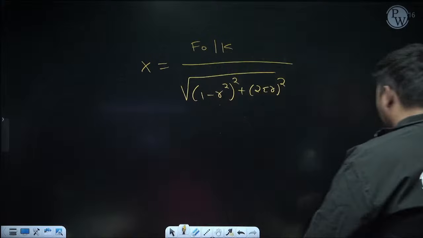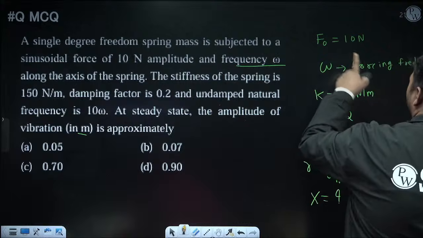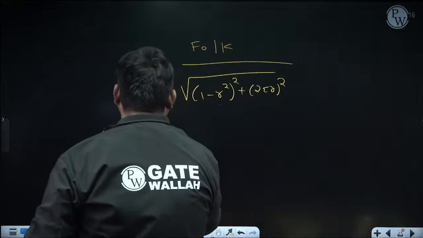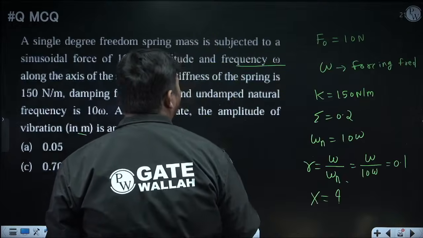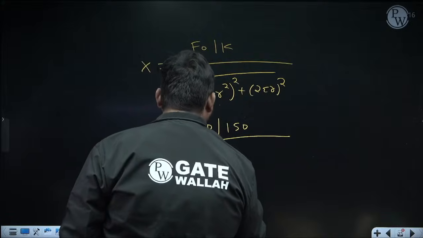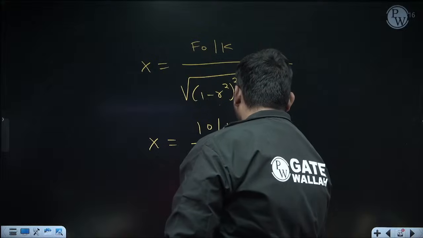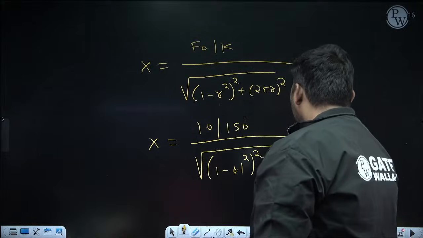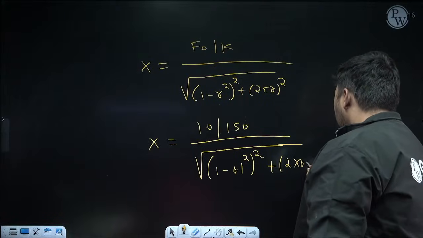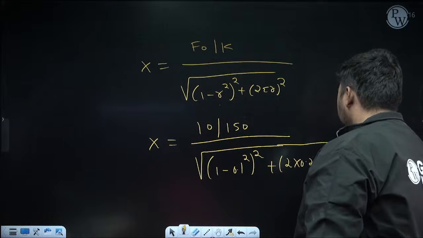Now R is given, it is 0.1, zeta is given 0.2, F naught is given 10 Newton, and K is given 150 Newton per meter. So put all values in SI unit. You will get capital X in meter. 10 divided by K 150 upon root over (1 minus R square, R is 0.1, whole square) whole square plus (2 zeta, zeta is 0.2, into R is 0.1) whole square.